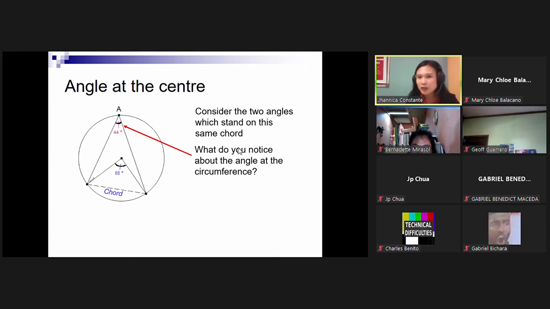If one of the angles is at the center and the other angle is at the circumference of the circle, the measurement of this angle whose vertex is in the circumference of the circle is half of your central angle.